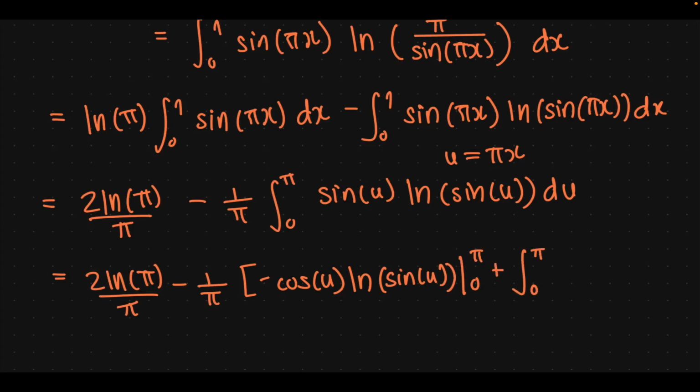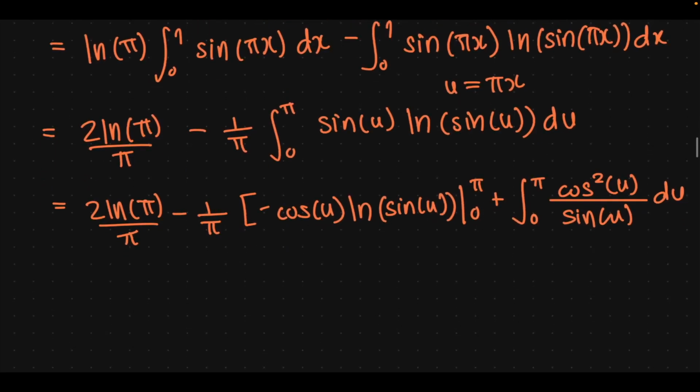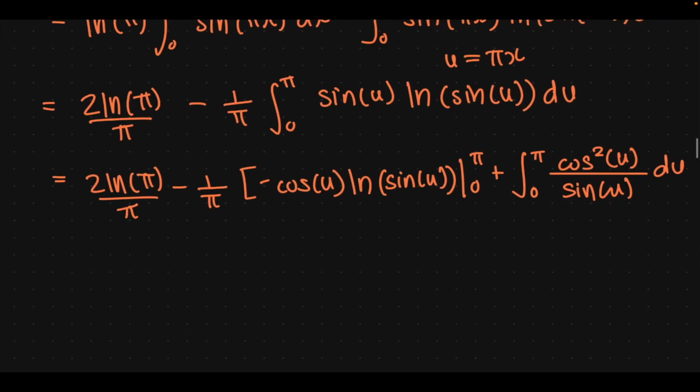We will have the cosine, 2 cosines from differentiating the natural log, and 1 over sine. Because when we differentiate this natural log, we get a 1 over sine and then a cosine in the numerator. That with this cosine will give us cosine squared divided by sine u.